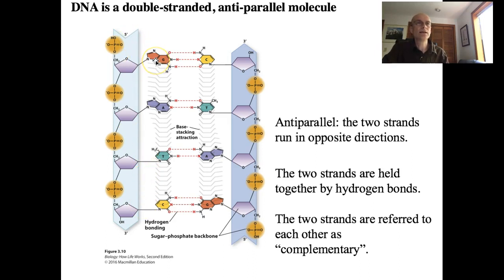You would know that if there's a G here, there's got to be a C on the other side. If there's an A here, there's got to be a T on the other side. Can't be anything else. Can't be an A here, can't be a C here, can't be a G here. And so they're always complementary to each other. And so that entire strand is the complementary strand to this strand, right? Not complementary with an I, like, oh, what a beautiful strand you are, but complementary with an E.